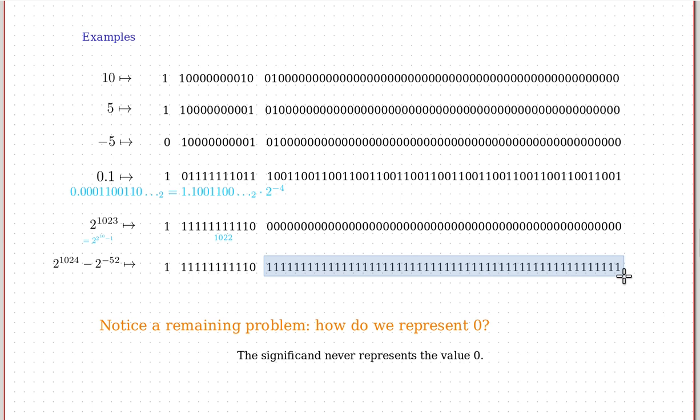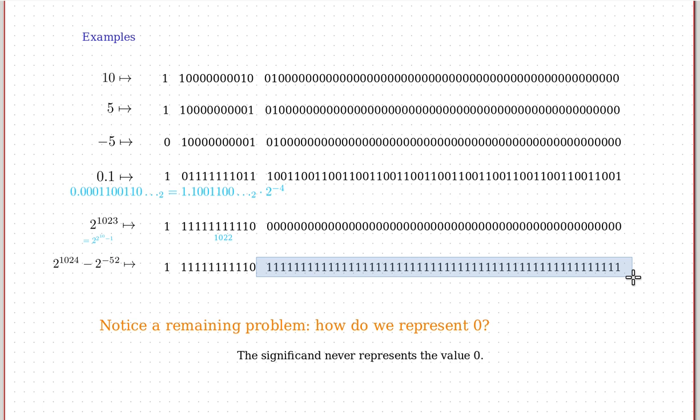This is not quite that, because we don't have infinitely many digits, but this is actually 2 to the minus 52nd less than what would be 2 in the significand. So it's as if you took 2 in the significand and subtracted off 2 to the minus 52nd. That would leave you with this value.